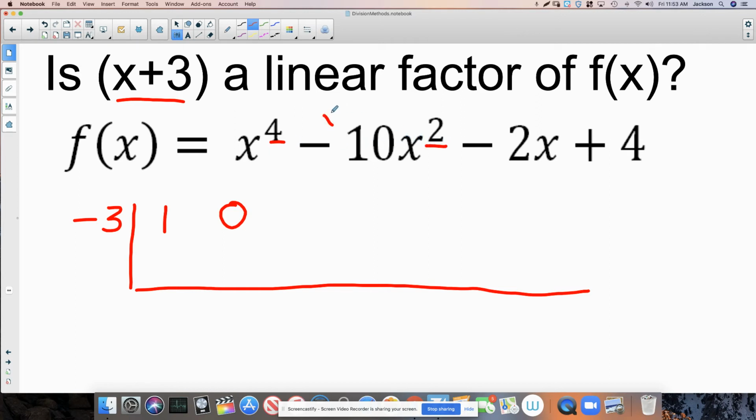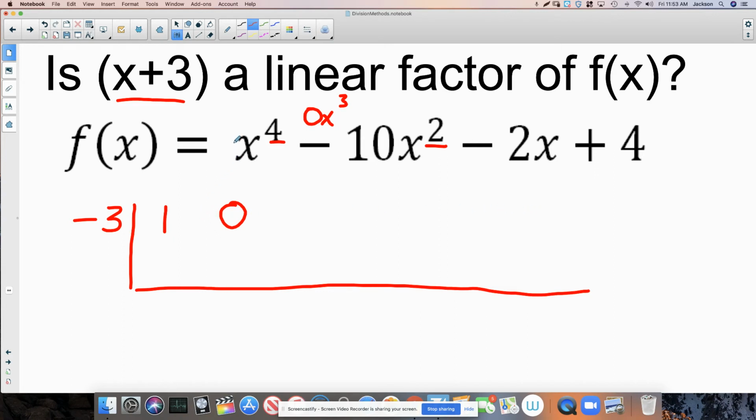You can't skip over x cubed. Now there is no x cubed in this polynomial, but we can write that as 0x cubed. And we need to have every exponential term of x represented in this dividend.